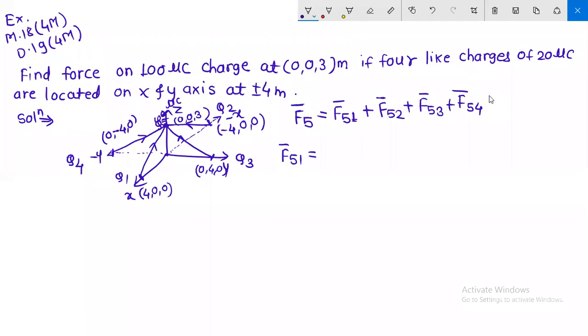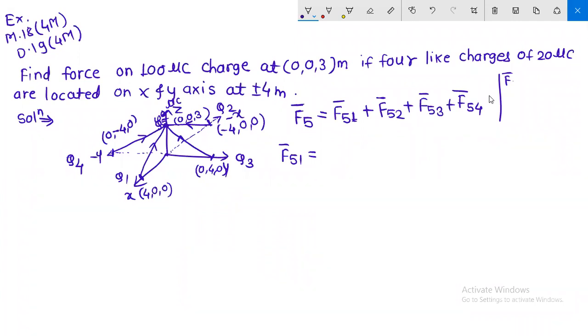That is F bar 5 1 is equal to. Now what is the formula for F bar 5 1? It will be Q1 Q2 upon 4 pi, no, Q1 and Q5, only two charges, right? There are different 5 charges.